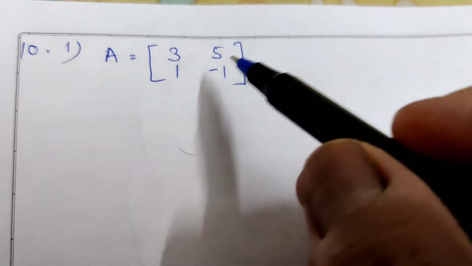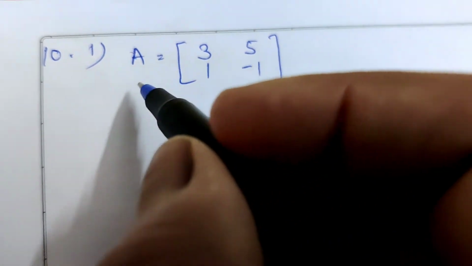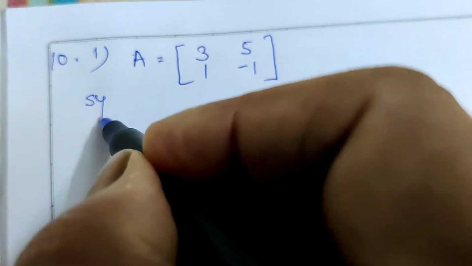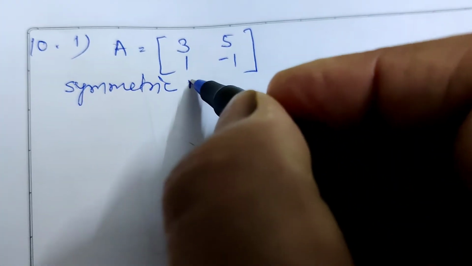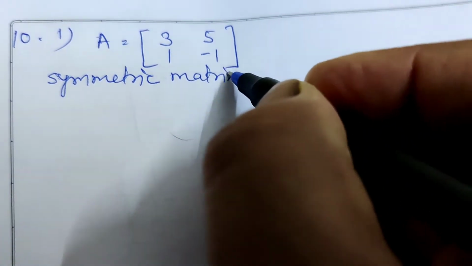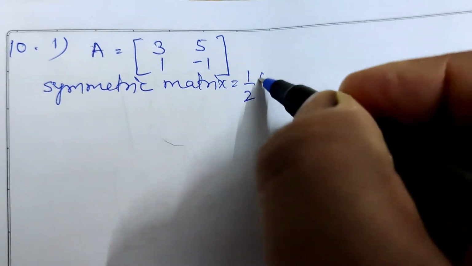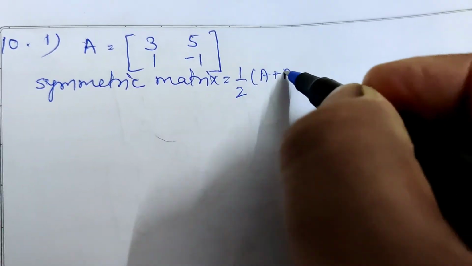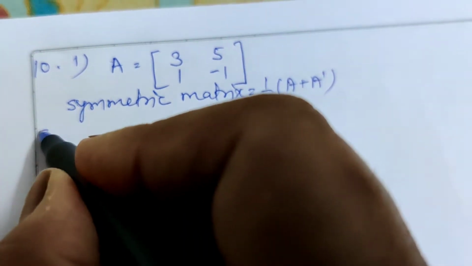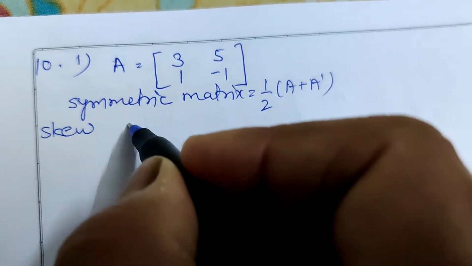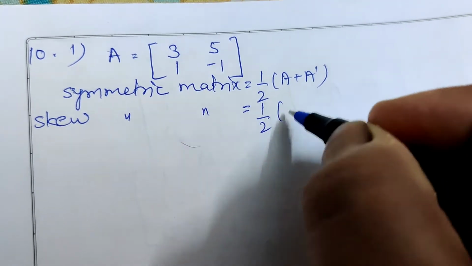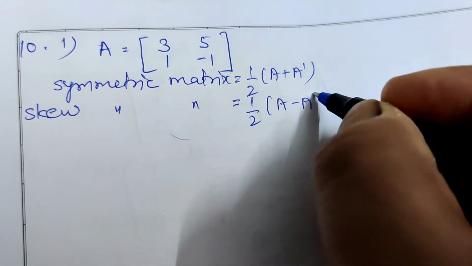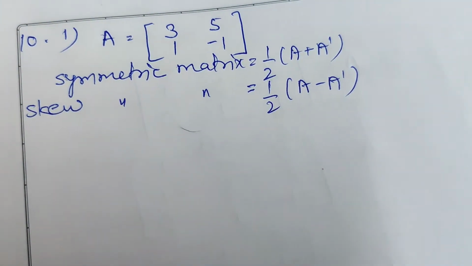This is A. The symmetric matrix is equal to 1 by 2 A plus A dash, and the skew symmetric matrix is equal to 1 by 2 A minus A dash. This is the formula for symmetric and skew symmetric.